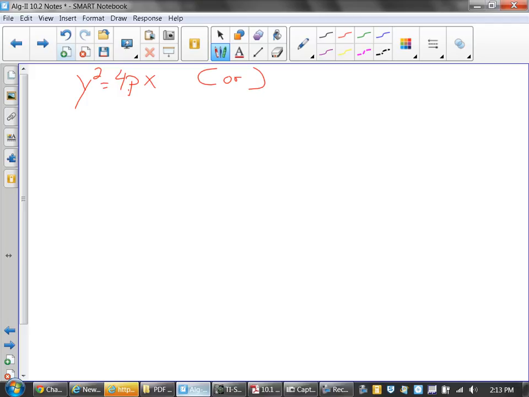So if the p-value in this case is positive, that means it's opening to the right. If the p-value is negative, it's opening to the left. Just means it's looking at the positive numbers or the negative numbers.